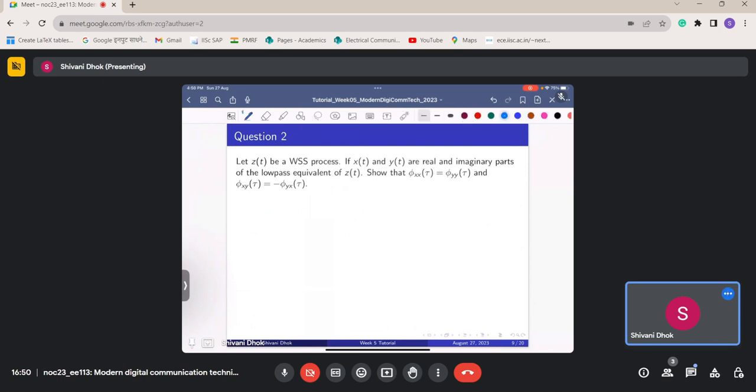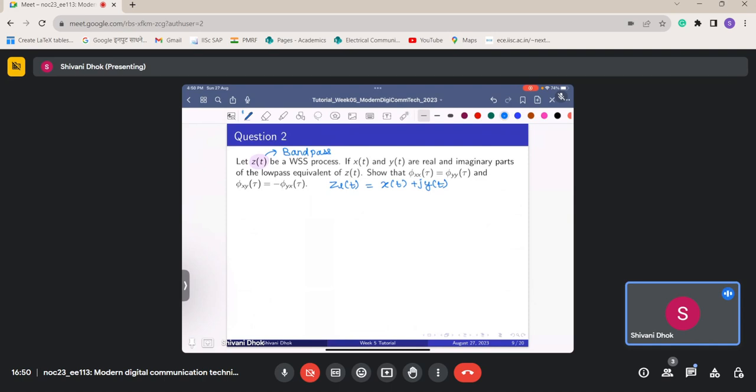So let's start with this. What is given is that z(t) is a WSS process, and x(t) and y(t) are the real and imaginary parts of the low pass equivalent of z(t), which means that this z(t) is band pass, and let ZL(t) be its equivalent low pass, which is nothing but x(t) plus j times y(t).